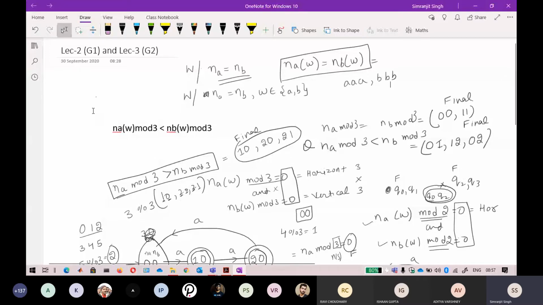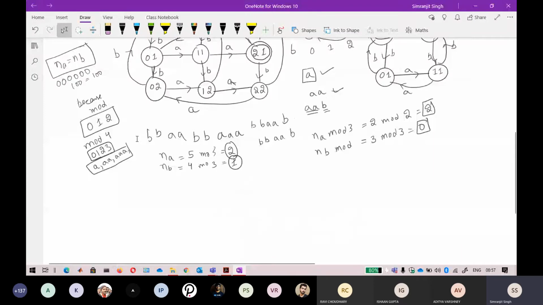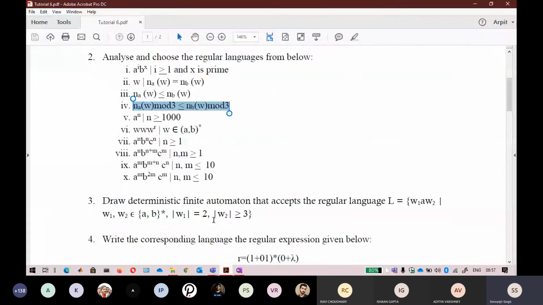Now, the next question I'm going to tell you about is one of the most confusing questions in TOC: the type of question about whether a particular language is regular or not. The language here is WWR, but just hold this for a minute.